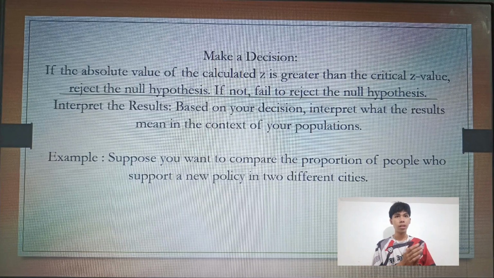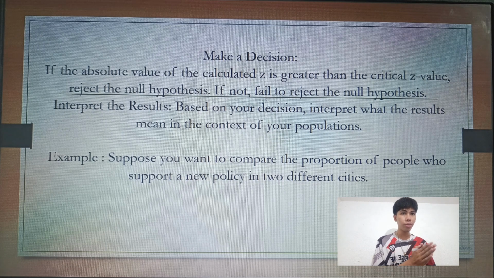Make a decision. If the absolute value of the calculated z is greater than the critical z-value, reject the null hypothesis. If not, fail to reject the null hypothesis. Interpret the results based on your decision.